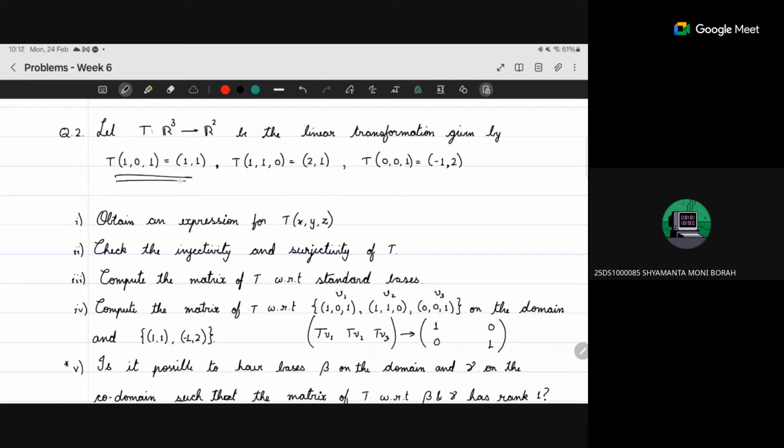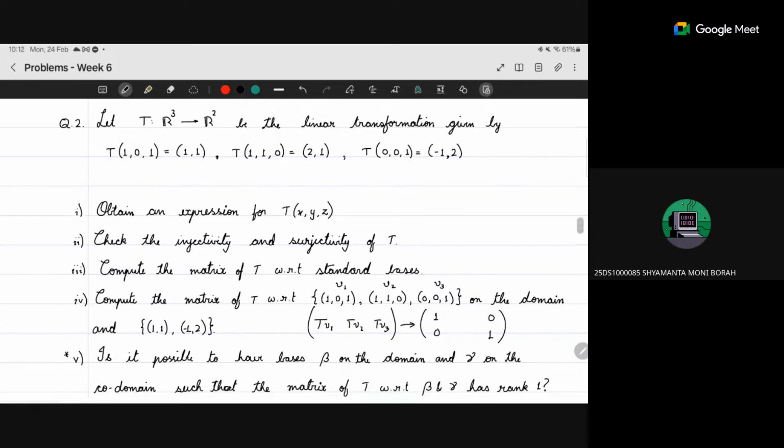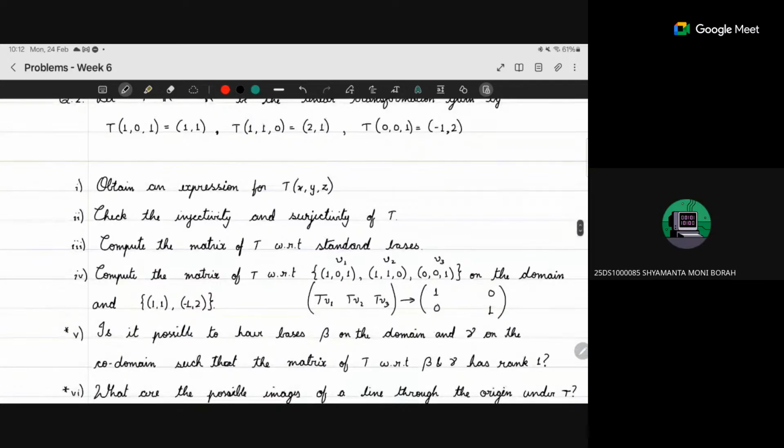That is 1, 1. But what I want as the first column is not the vector itself, but the coordinates of that vector. And the coordinates of the vector in this basis, 1, 1, minus 1, 2, is 1 times 1, 1 plus 0 times minus 1, 2, right?